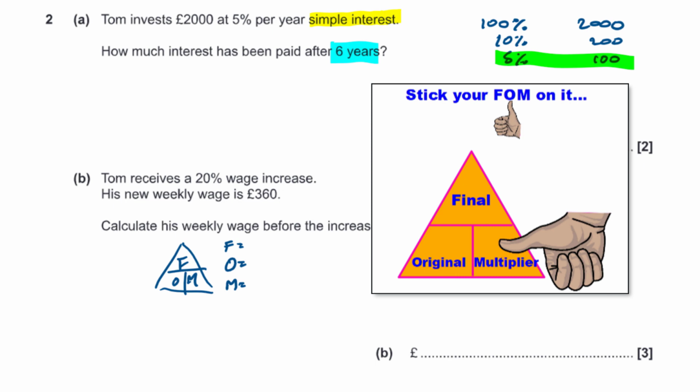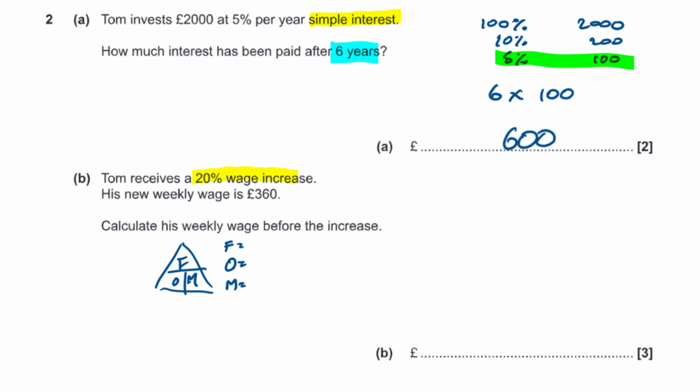So he receives a 20% wage increase. His new weekly wage is 360. And we want to work out his weekly wage before. Okay, so final is what it was at the end, so that's going to be his new weekly wage, isn't it? So that's going to be 360.